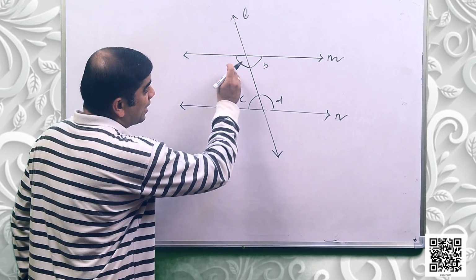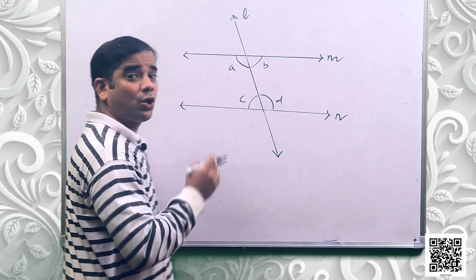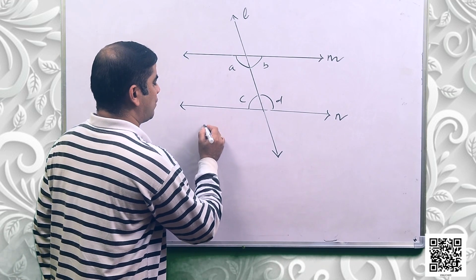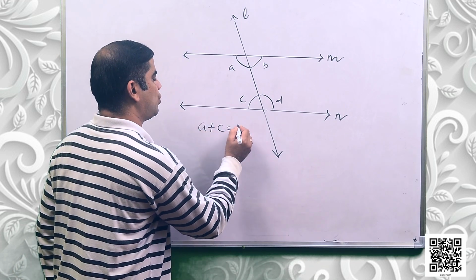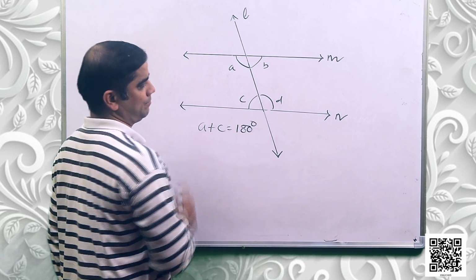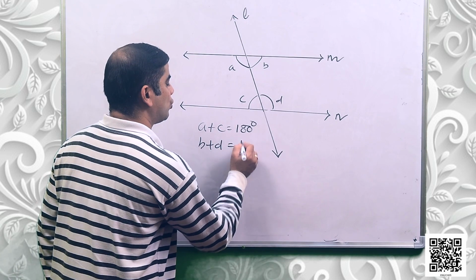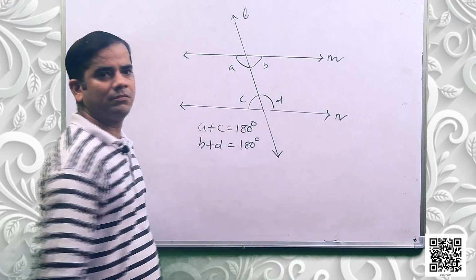So, A and C are also called co-interior angles. So, a point may be there where A plus C is equal to 180 degrees. That means B plus D is equal to 180 degrees.